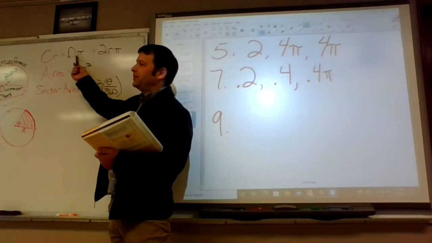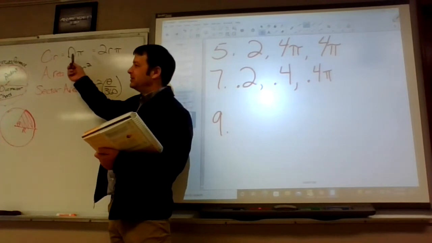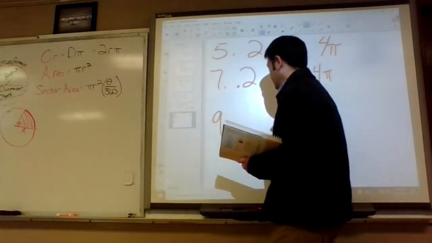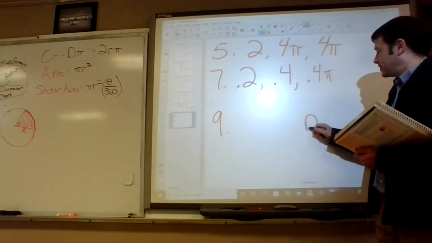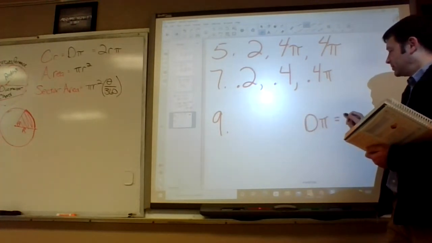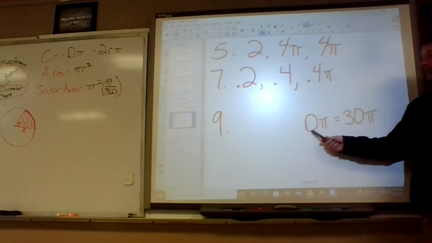Okay, you guys are making this too hard. Diameter times pi is the circumference, right? So if the circumference is 30 pi, what must the diameter be? 30.